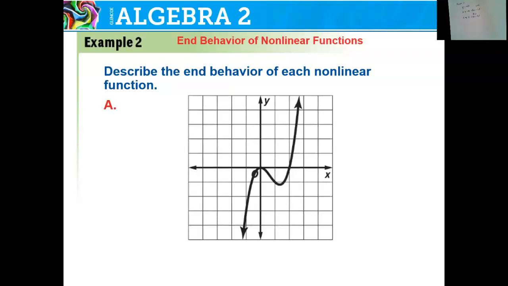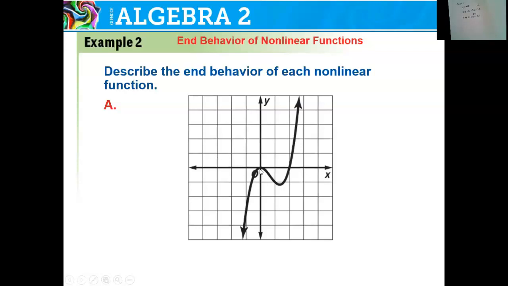Okay, so here we have a nonlinear function. And once again, we're talking about end behavior. So we want to start at the origin, and we want to see what the graph is doing as we go farther and farther left, and what the graph is doing as we go farther and farther right. Working the left side first because it's the easier side.